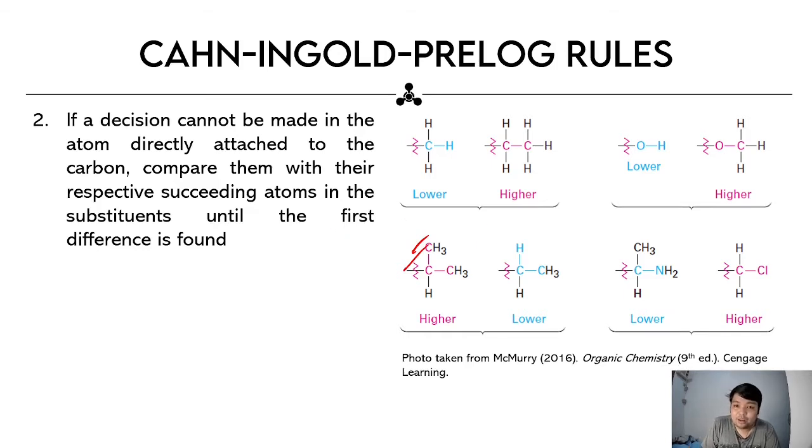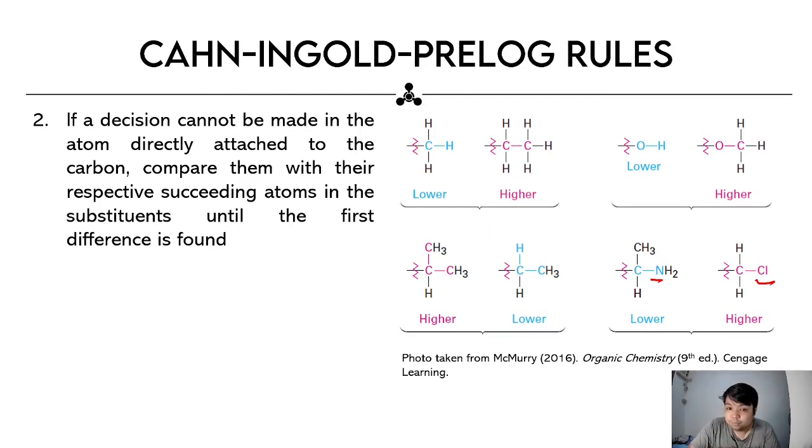Now, the last one here will be kind of tricky because it has a higher priority when you base it here, but it has a lower priority when we base it on these atoms here. Now, the point here is that this is already a difference here, and this is a difference here. Okay? This is already a difference.